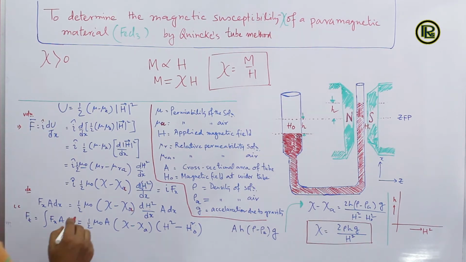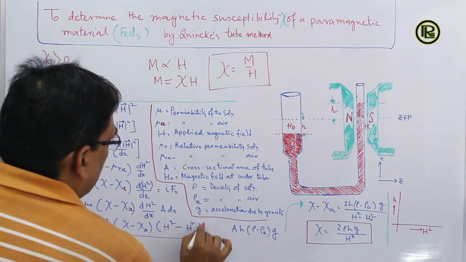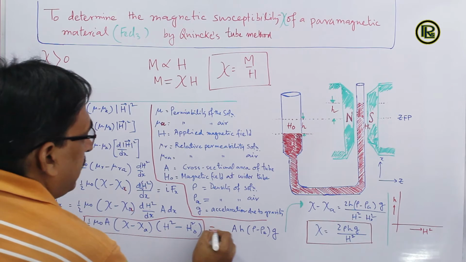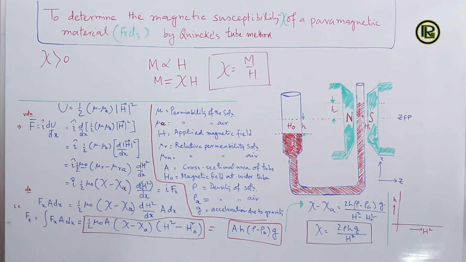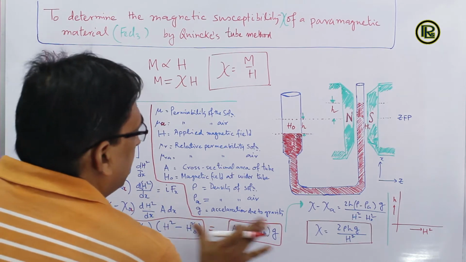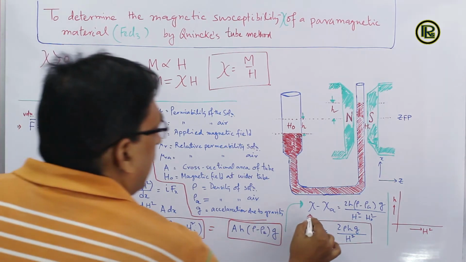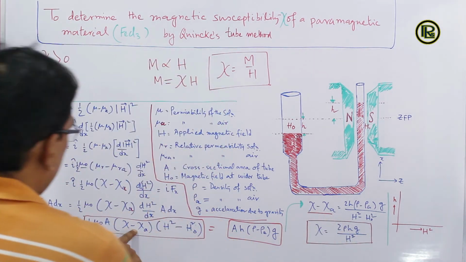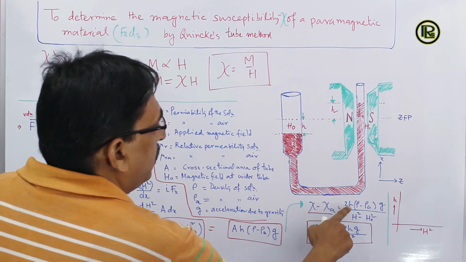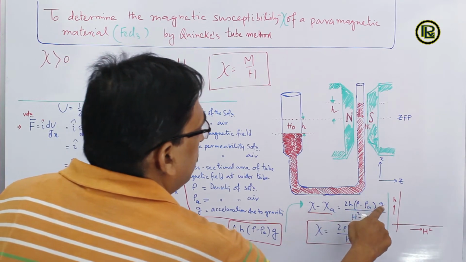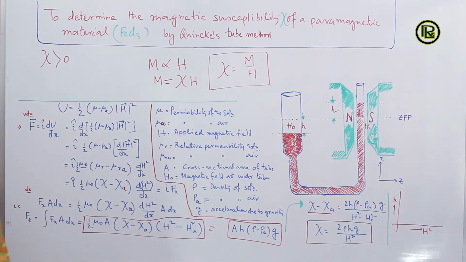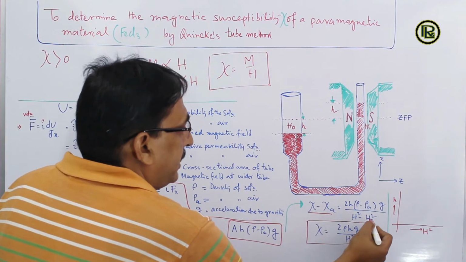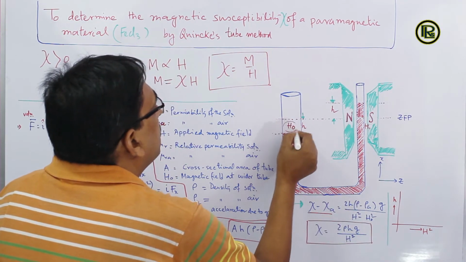Therefore, in equilibrium, this force should be equal to this hydrostatic pressure force. And this equation gives rise to chi minus chi A is equal to 2h rho minus rho A into g by H square minus H naught square. In this experiment, this H naught square, that means H naught, is negligibly small.